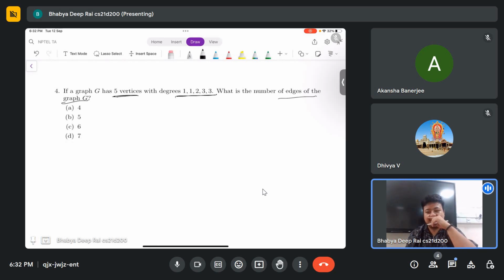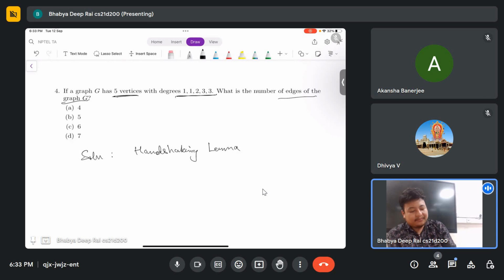If a graph has 5 vertices with degrees 1, 1, 2, 3, 3, what is the number of edges of the graph G? So okay, I'll solve this one. This question depends on the handshaking lemma, or the handshaking theorem.